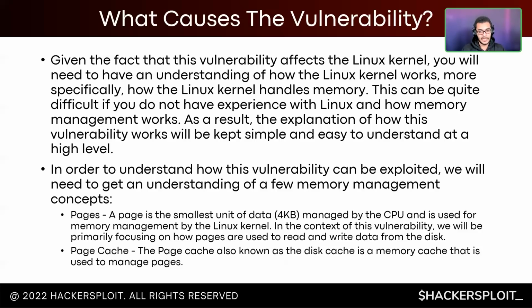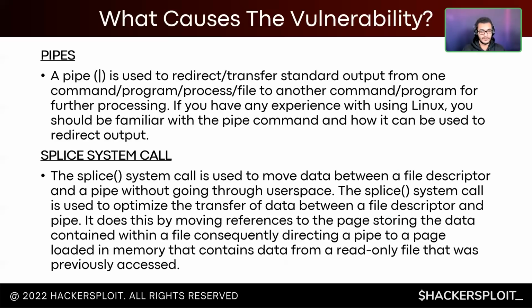We then have the page cache. The page cache, also known as the disk cache, is a memory cache that is used to manage pages. Fairly simple concept here. We then have the two main elements that are the cause of this vulnerability, which are pipes and the splice system call.